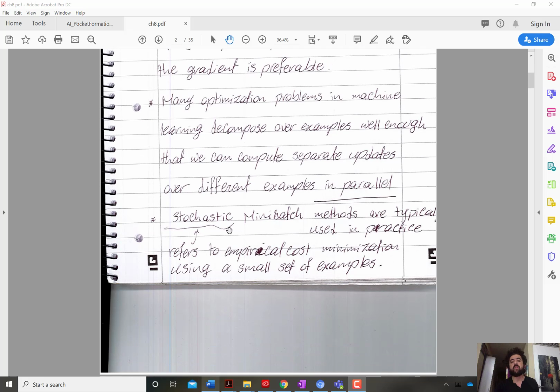And because this set is drawn at random, through a random realization from the training set, that's why the word stochastic comes in stochastic gradient descent. These mini batch methods are formally called stochastic mini batch methods. The stochasticity comes from the fact that I am drawing the mini batch at random.